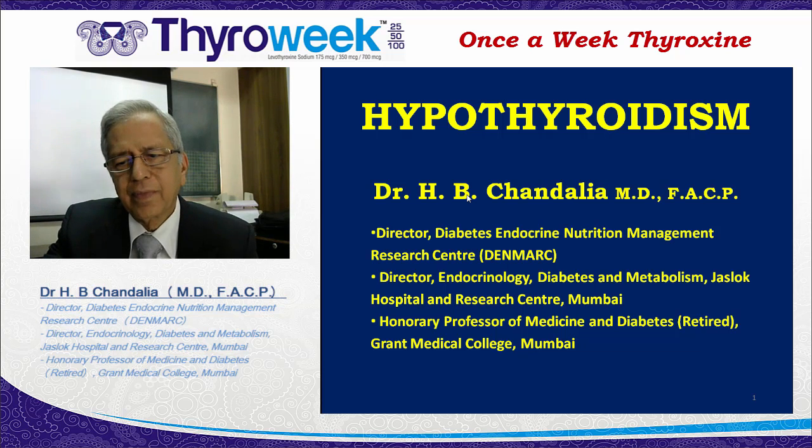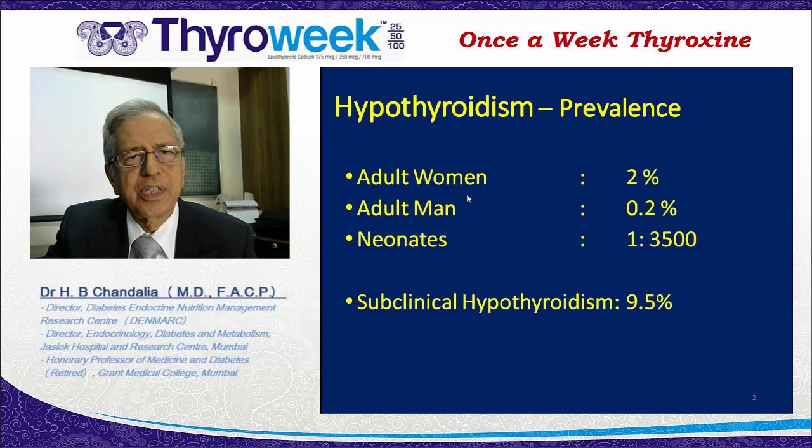Dear colleagues, I'll be discussing for you today a highly prevalent disorder, that is hypothyroidism, and something which concerns you most, that is the management of this particular disease. To start with, I want you to appreciate the prevalence of this disease, which is extremely common. In adult women, almost 2% of them suffer from it.